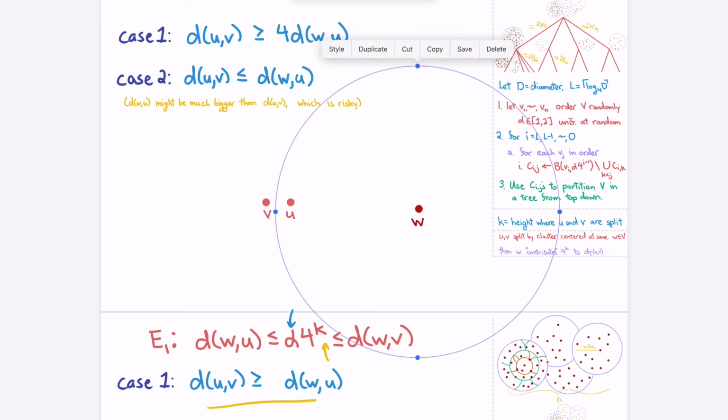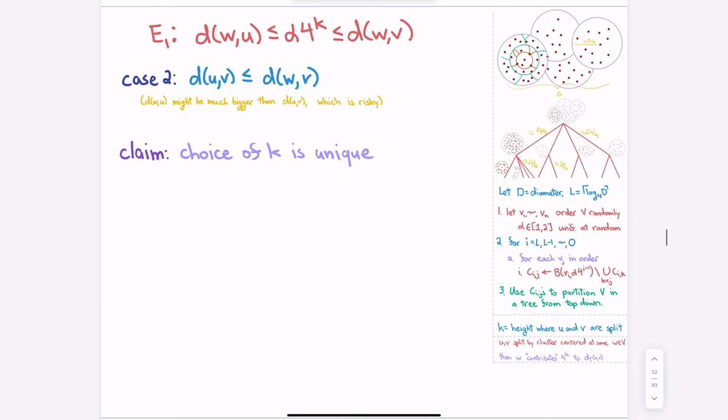And because W is so far away from both of them, the ball would have to be really big compared to dUV. Okay, so this second case is where we're more afraid, because this is the one that generates, or could generate, the huge overestimates. Okay, my guess is that it's only going to help us.